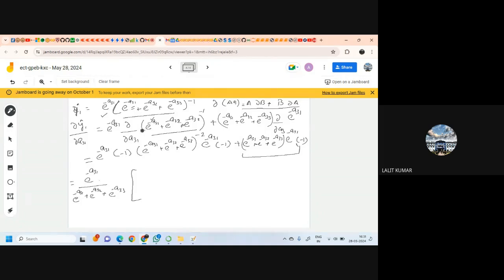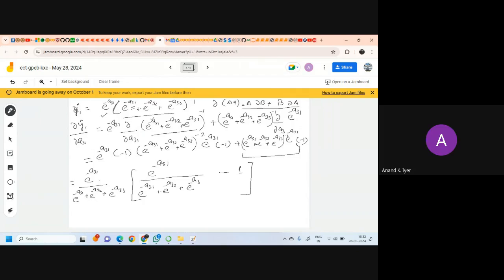So here what will remain? It will remain e to power minus a31 divided by e to power minus a31 plus e to power minus a32 plus e to power minus a33, and this will become minus 1. This is clear?